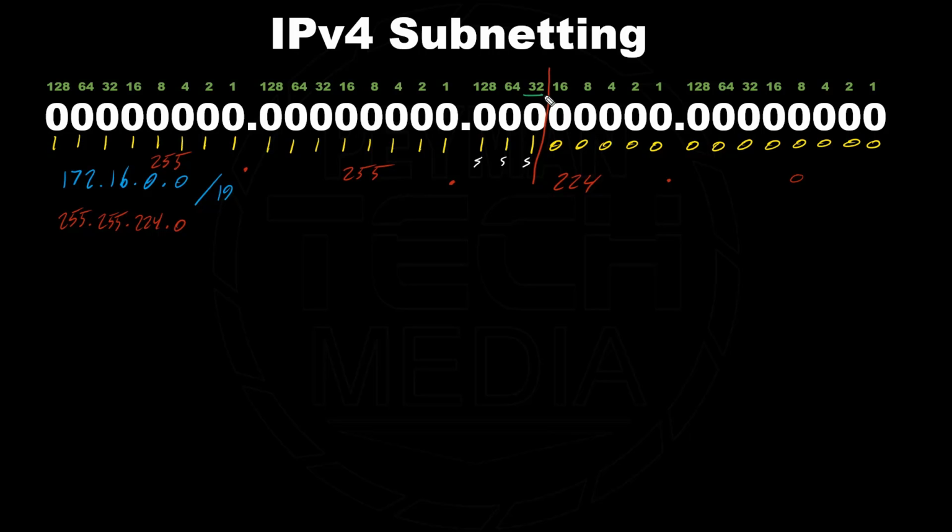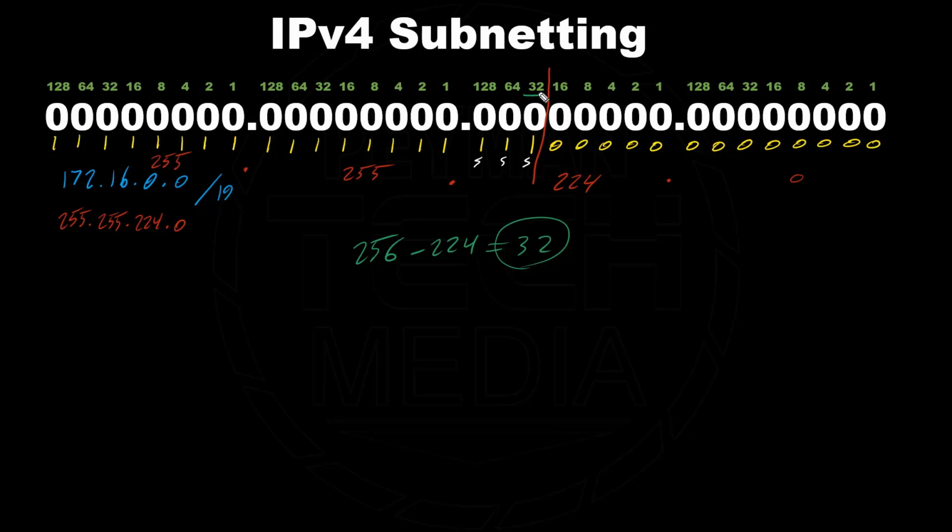Or, on the interesting octet, when you convert the binary to decimal, in this case 224, we subtract it from 256. So 256 minus 224 is 32, and 32 is our network increment or block size. Or again, just look at the last bit that is turned on, in this case this one, with decimal value 32.